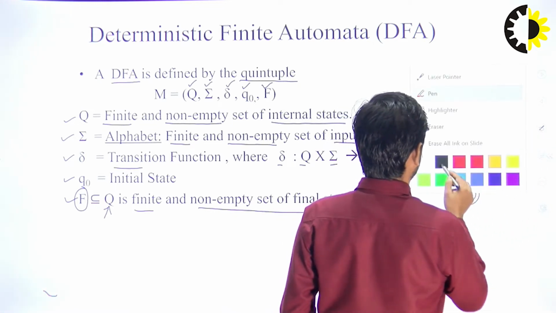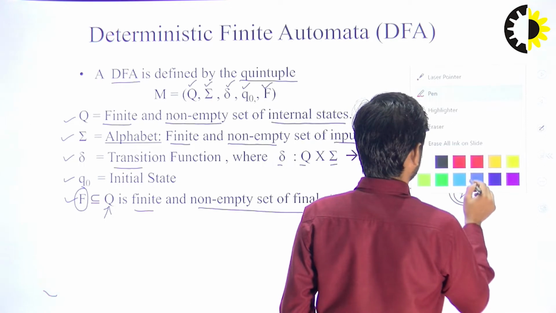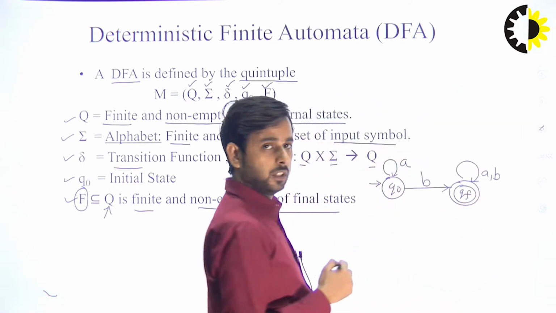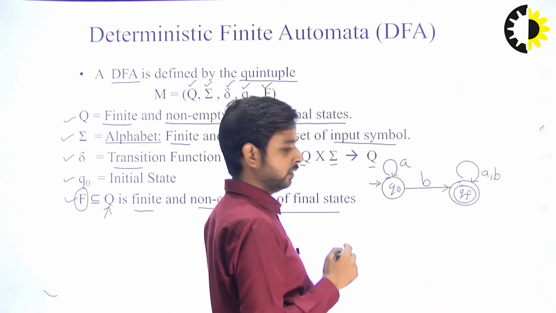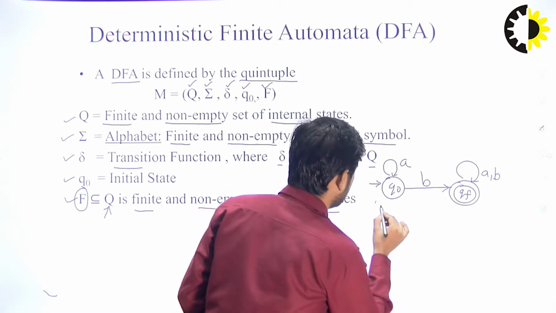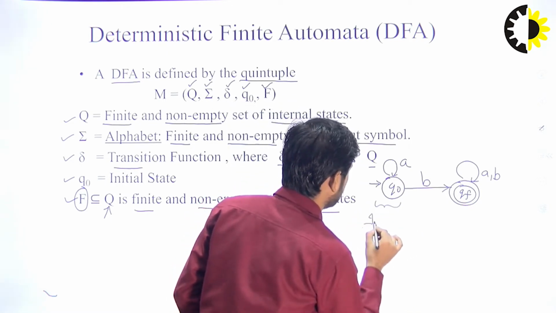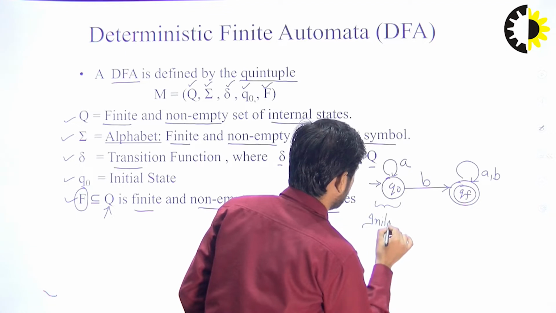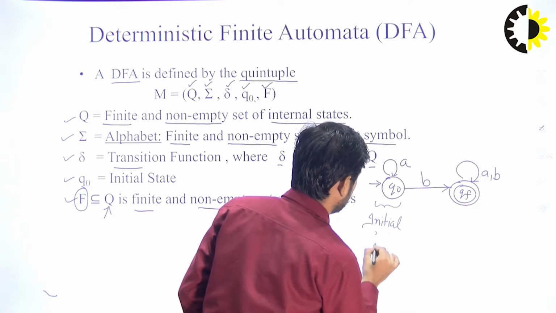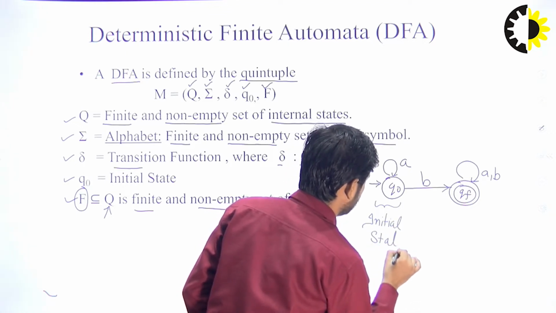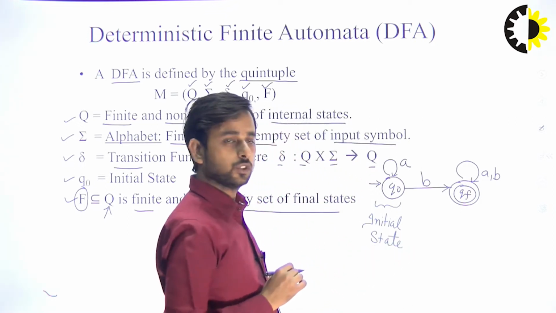Here each and every state is defined. This Q node is the initial state, the start state.